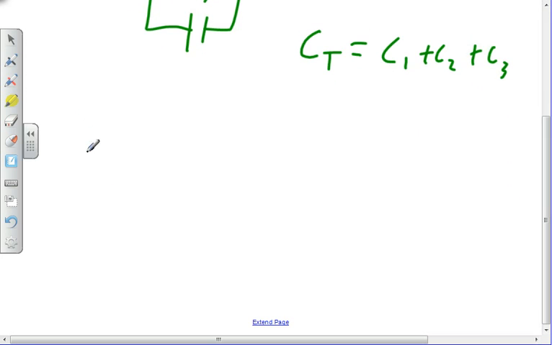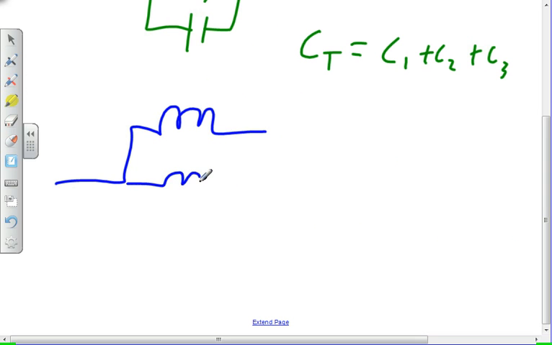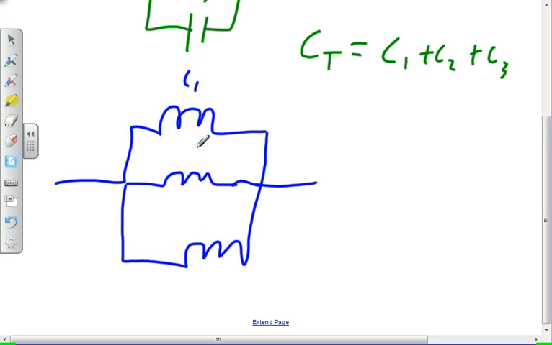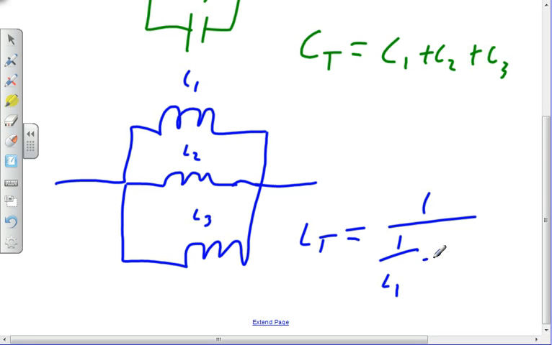If I have inductors in parallel, then assuming that I don't have any mutual inductance, which would hose me over, I've got L1, L2, L3. Now my total inductance is going to be 1 over L1 plus 1 over L2 plus 1 over L3. So that's how I would do that.